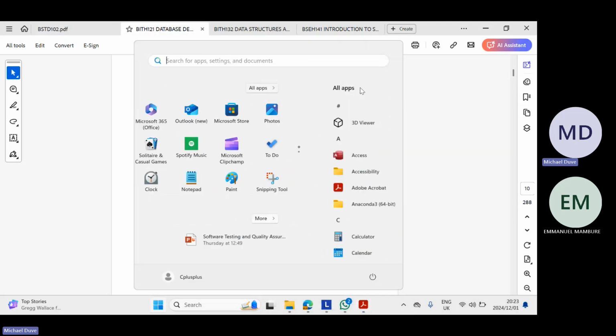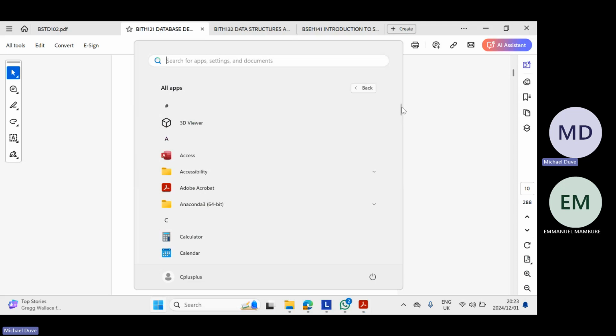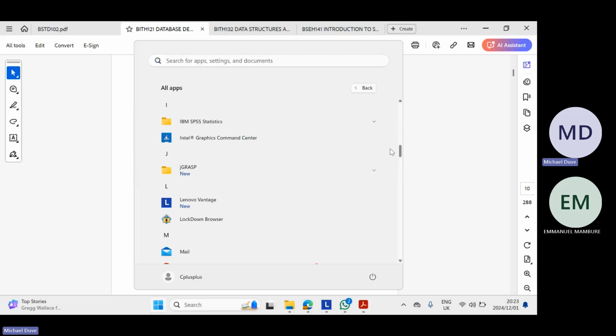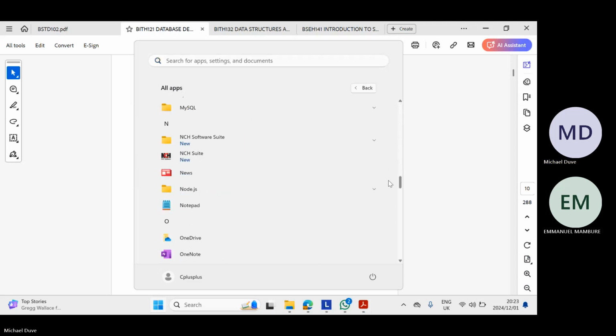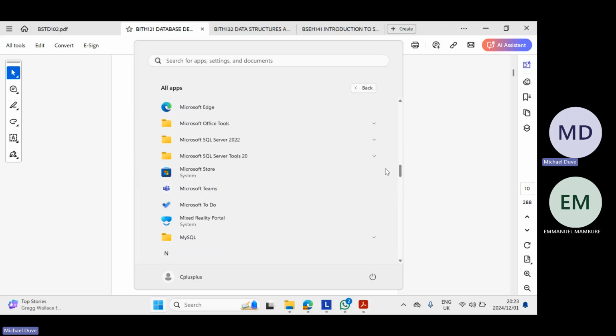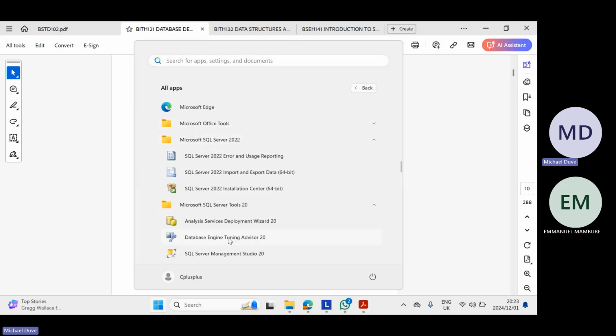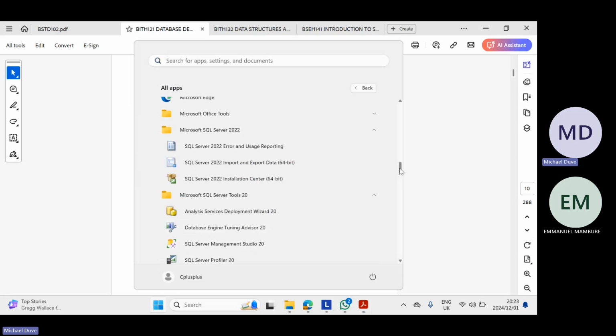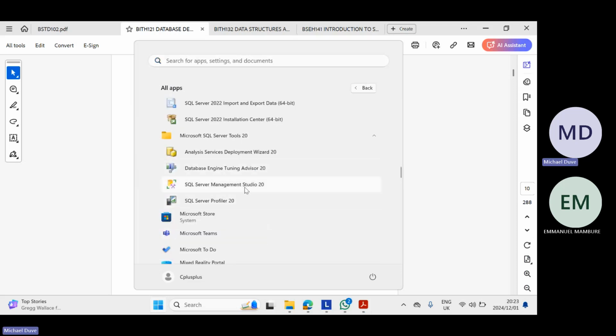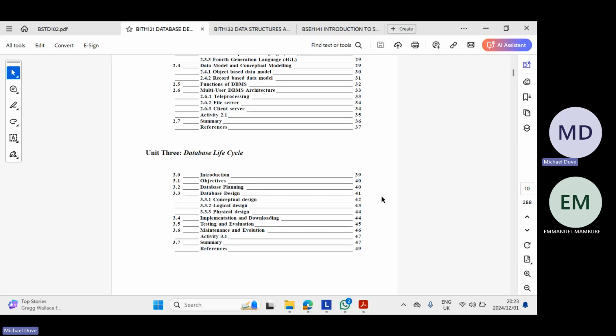After downloading it, we can have an appreciation, even if it is not prescribed in any case, right? We can just appreciate how it works. So this is Microsoft SQL Server that I have downloaded. I use SQL Server Management Studio.